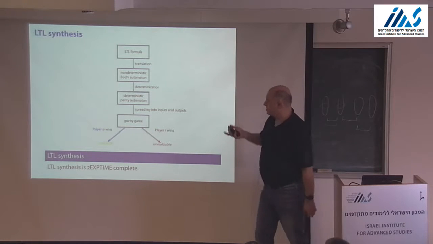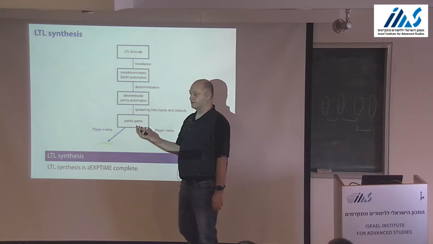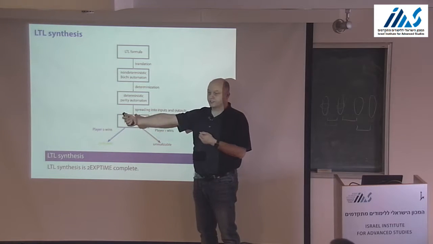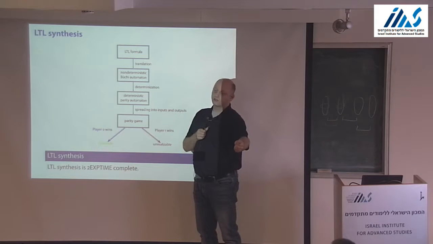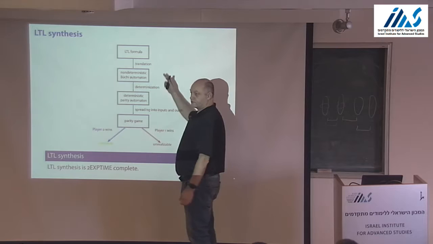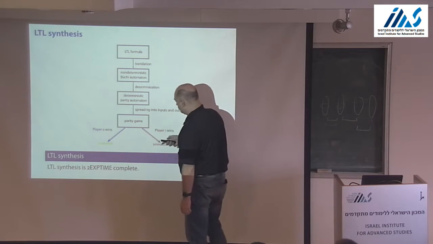The issue was that we were worried about dependency on future inputs, because depending on what the future input is, the non-deterministic automaton might need to go to one state or another. So in order to avoid such a dependency on the future input, we went to the deterministic automaton.